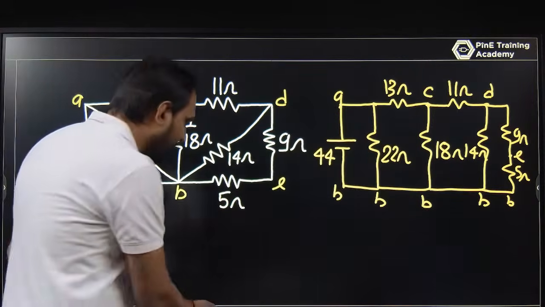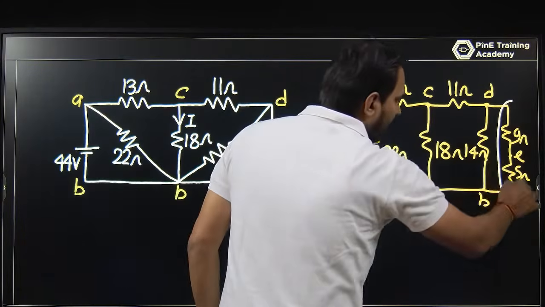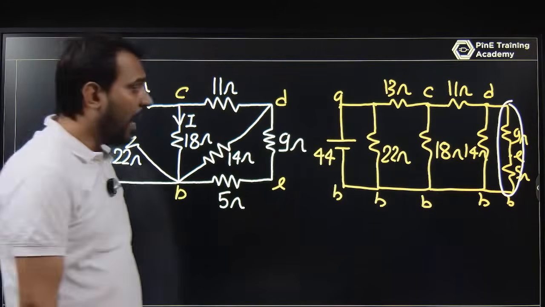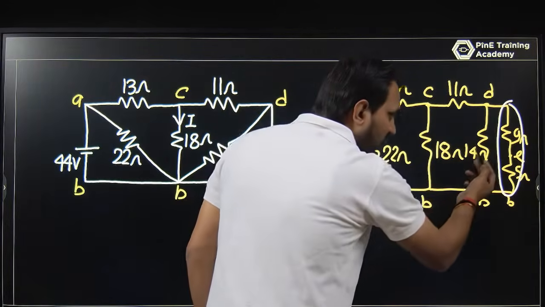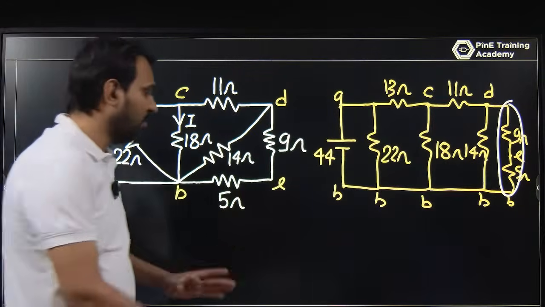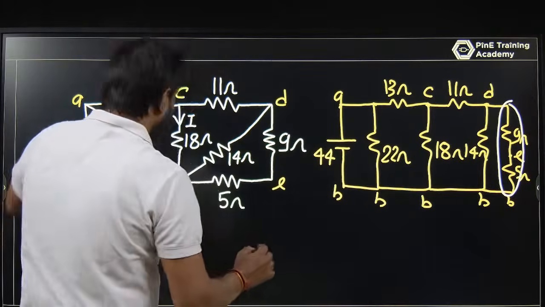So if you look at this circuit in a very simple way, this is a series circuit. And after this is series, this 14 and this 14 are in parallel. I am not going in a very fast way, I am just solving in a very basic method.